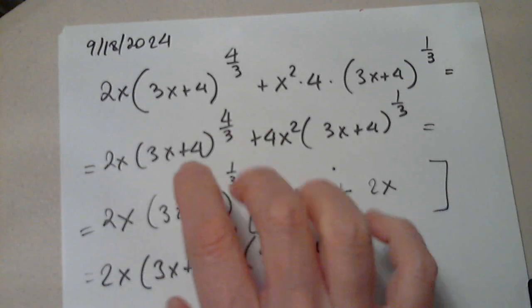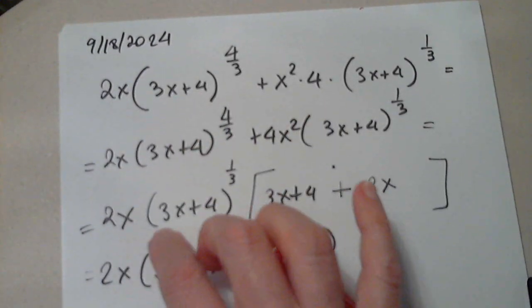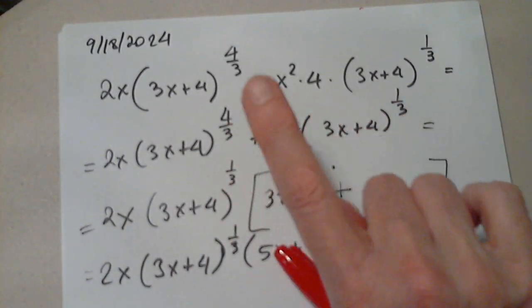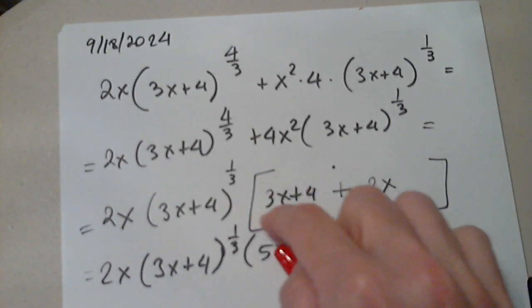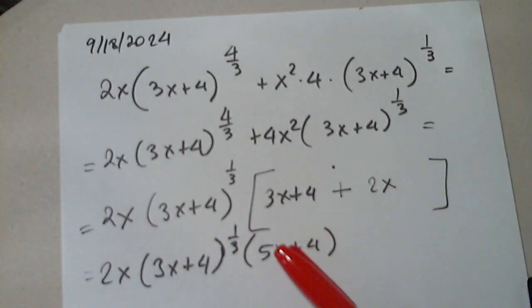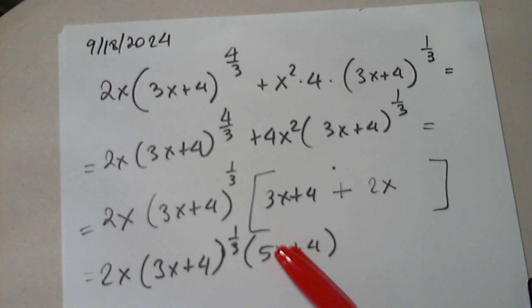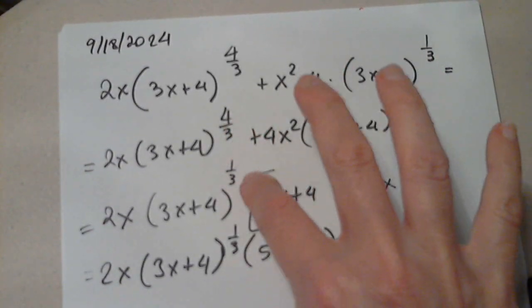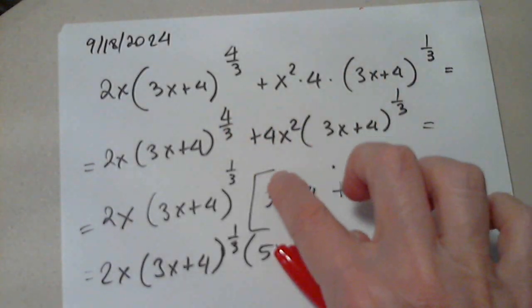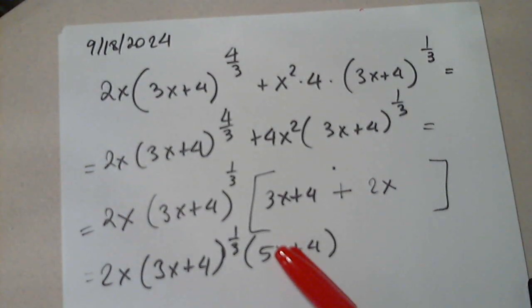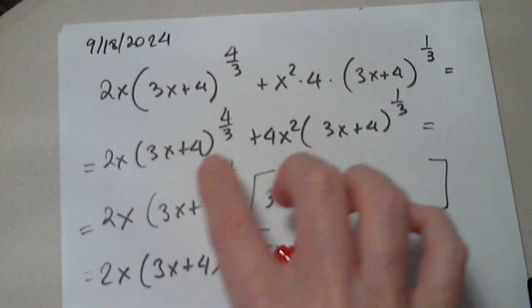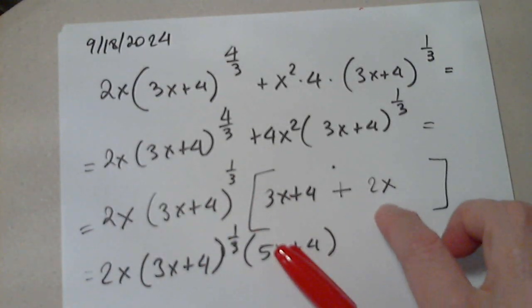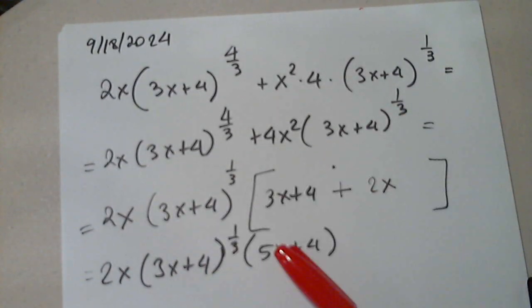So 2x is out, this is out, but 4/3 minus 1/3 is power 1. That's why I don't need parentheses, but it has power 1. 4/3 minus 1/3 is 3/3, so that's power 1. From 4x squared we took out 2x, so we have a 2x. But (3x plus 4) to 1/3 is already out.